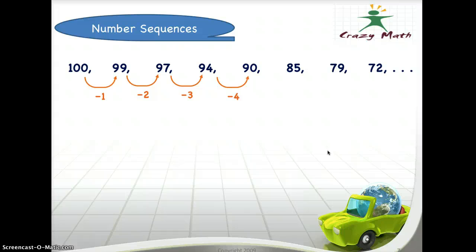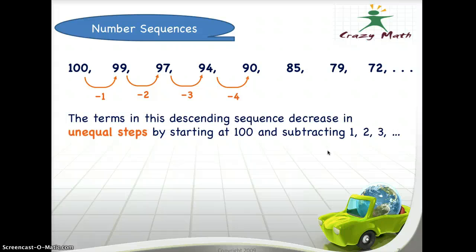Okay, that's correct. This is a descending sequence. That means it's a decreasing sequence, and it's decreasing by unequal steps. So you can describe by saying starts at 100, and then as you go along, you are subtracting by 1, 2, 3, and then you can put the 3 dots to say so on and so forth.